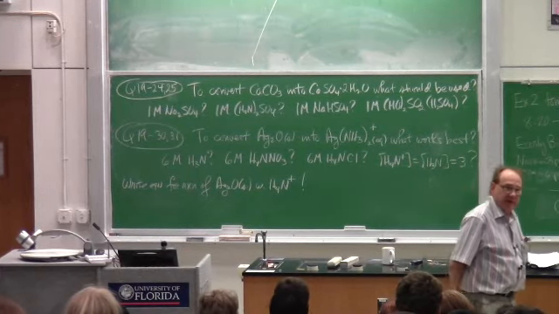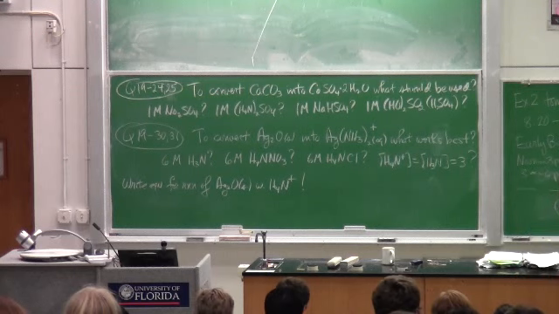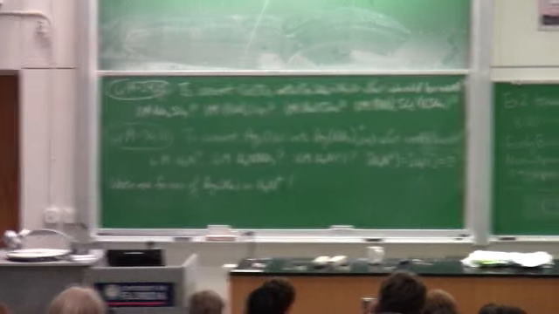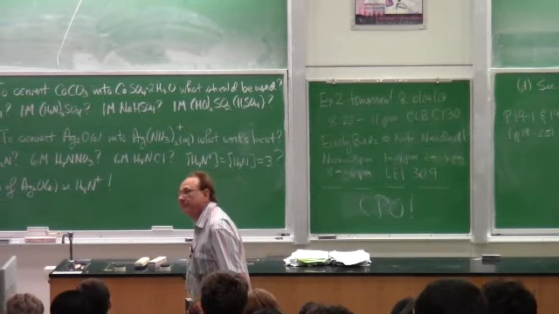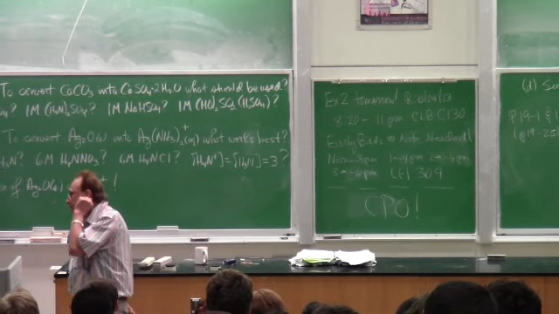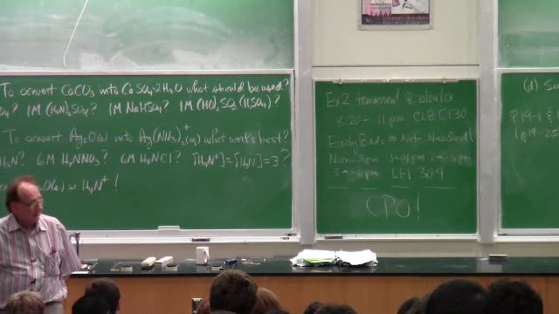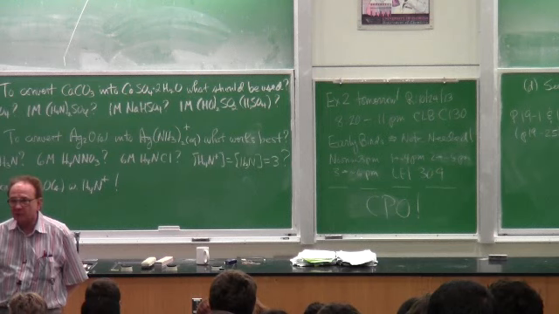To turn calcium carbonate into calcium sulfate, what relative properties of these two materials need you consider? Solubility. Which one in the presence of water is more stable?